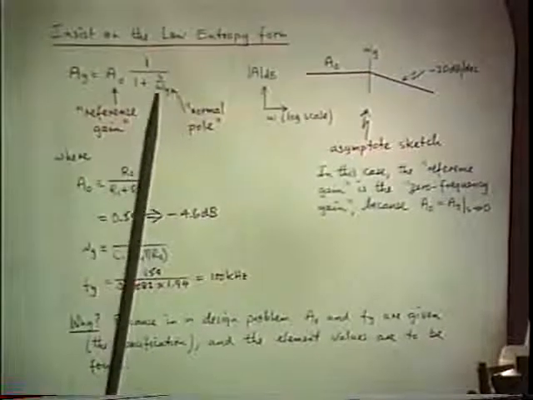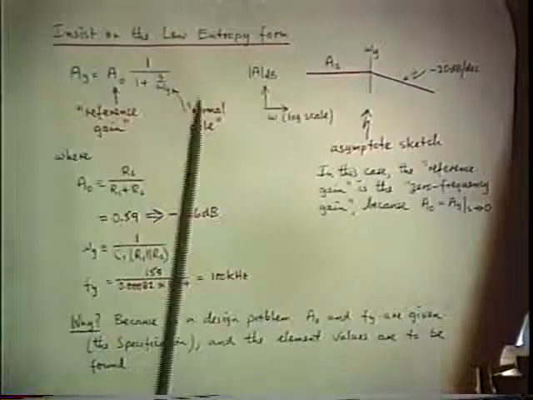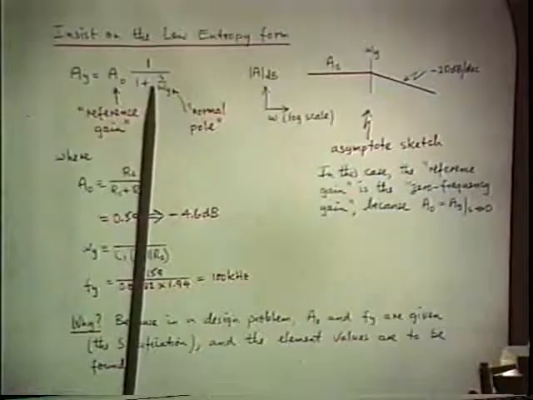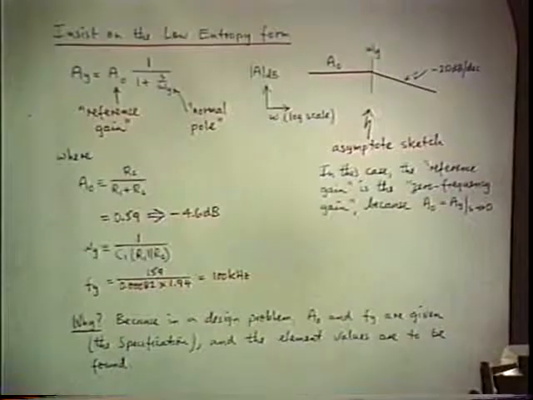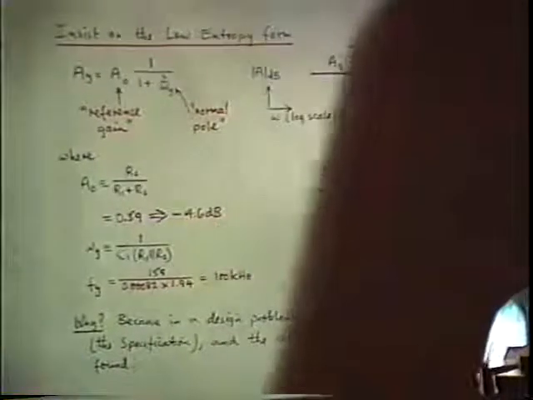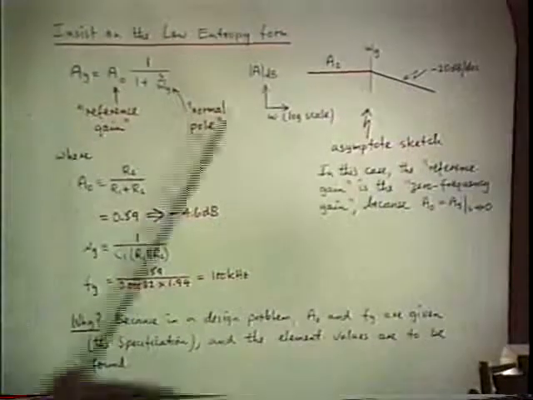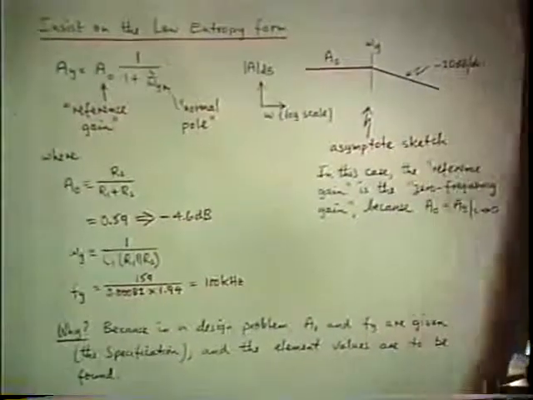Roots of S in the denominator are the poles of the system. So this is a linear function of S. There is a single real pole at S equals minus omega y. It's a left half-plane pole. That's the normal pole, the one you're normally used to having.